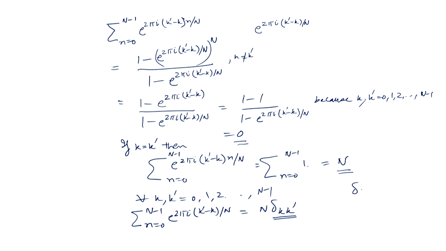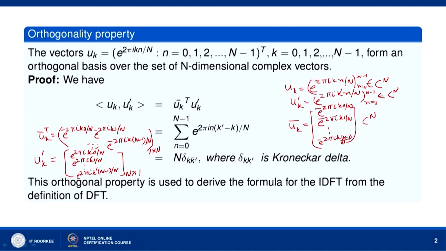And we know that delta k k dash is 0 when k is not equal to k dash, and it is 1 when k is equal to k dash. Okay. This is how we can find the value of this series. So, we have n times delta k k dash, where delta k k dash is a Kronecker delta.